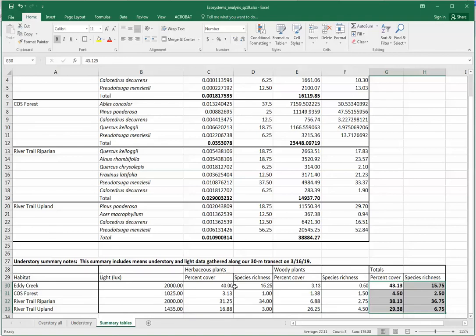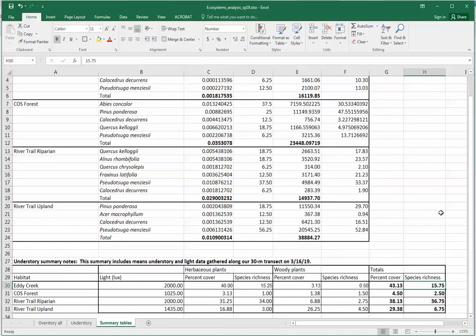We've got the percent cover and species richness averages for the herbaceous plants here, and then we've got the percent cover and species richness for woody plants here. In the last column, these are the average totals, so total percent cover, and then total species richness or average number of species in the last column.